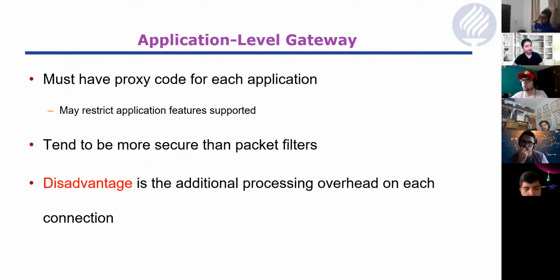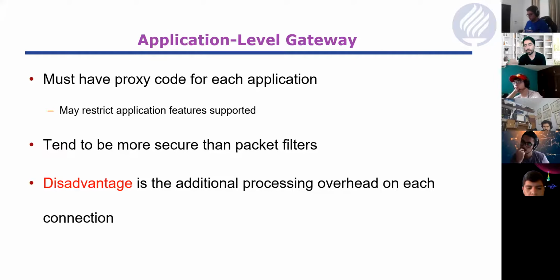So the application level gateway must have proxy code for each application. It may also restrict the application features that are supported. For example, talking about FTP, it may not just support FTP, but secure FTP.